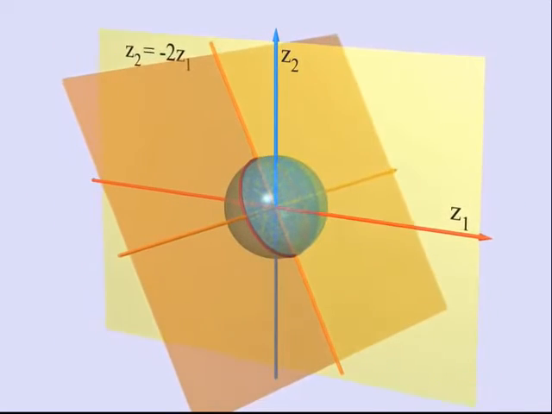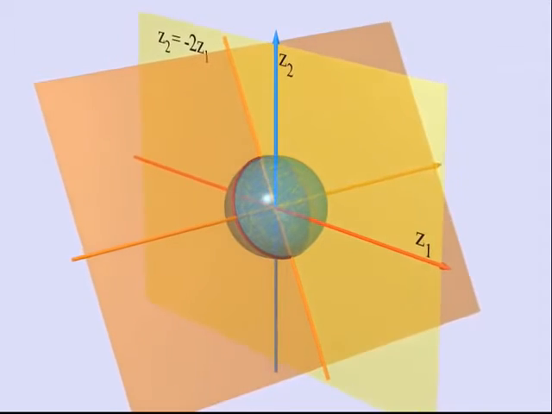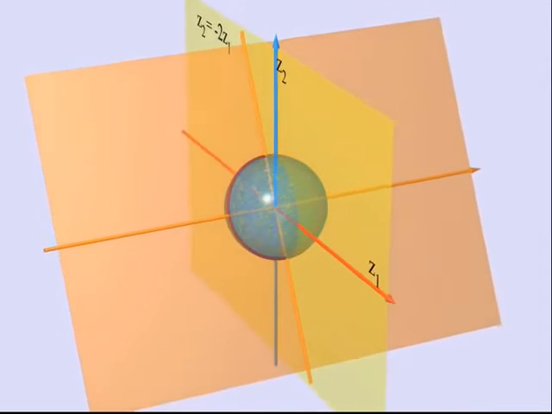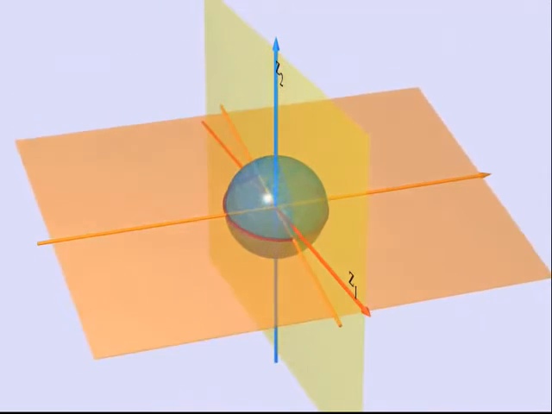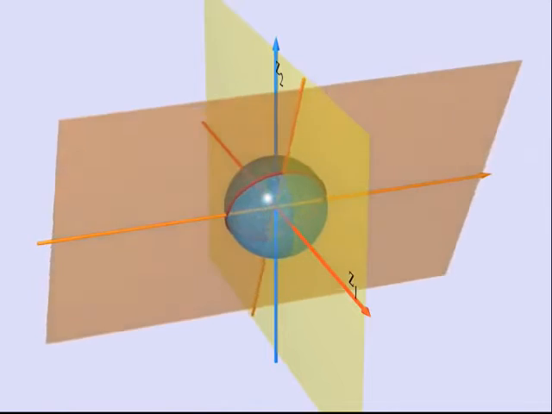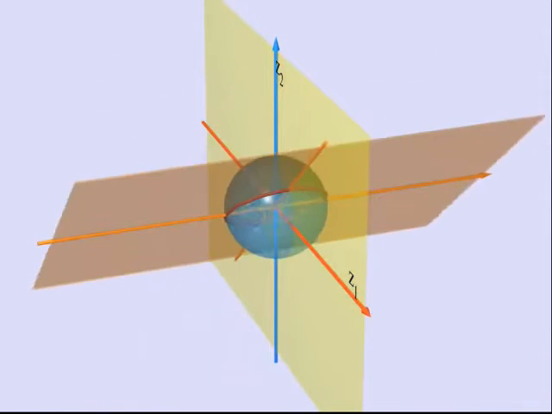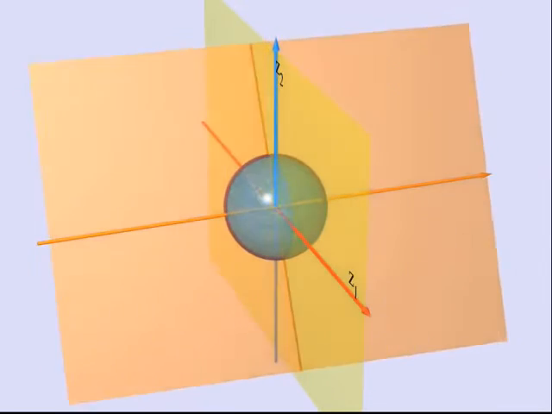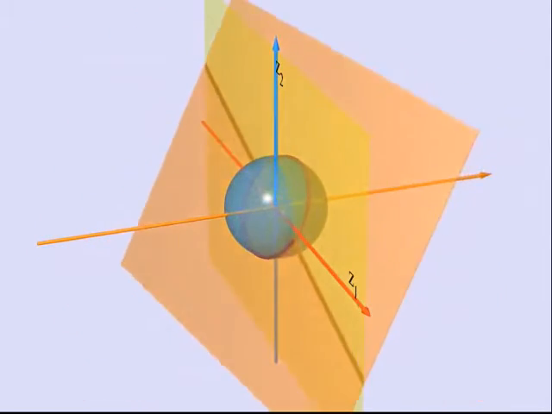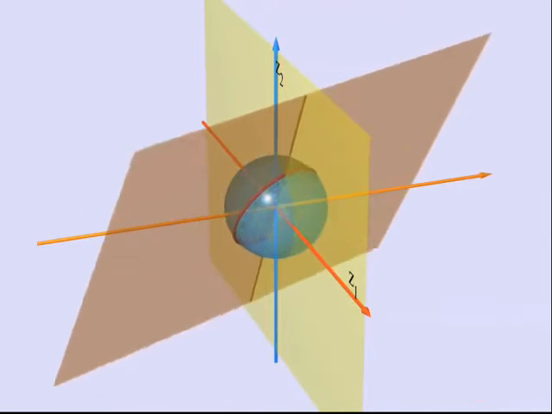But we could do the same with any line z2 equal to a times z1 for any complex number a. In this manner, the 3-sphere in 4-dimensional space is filled with circles, one for each complex line going through the origin in our plane of complex dimension 2.